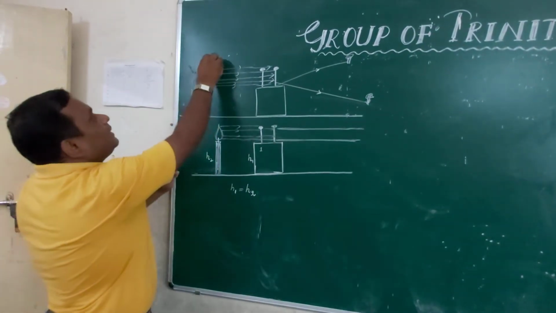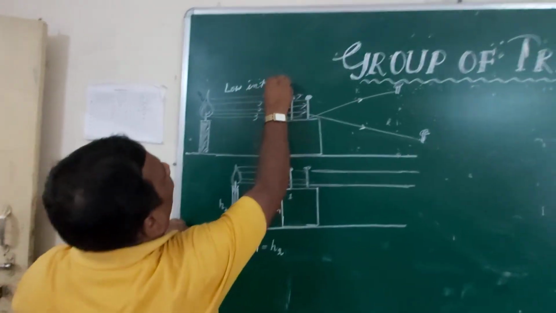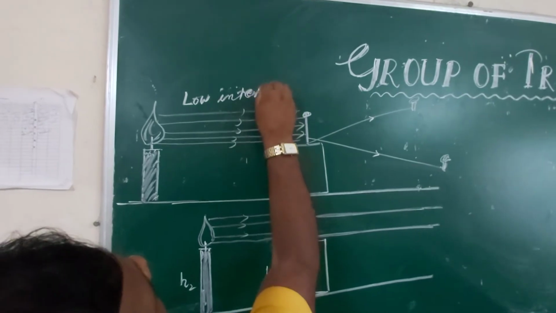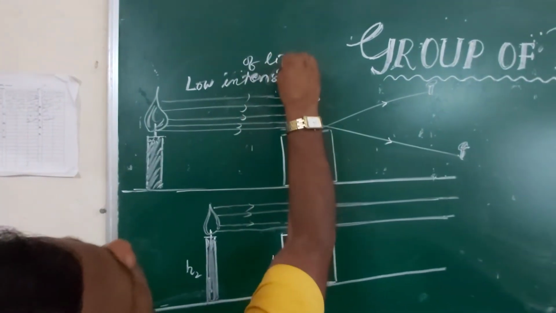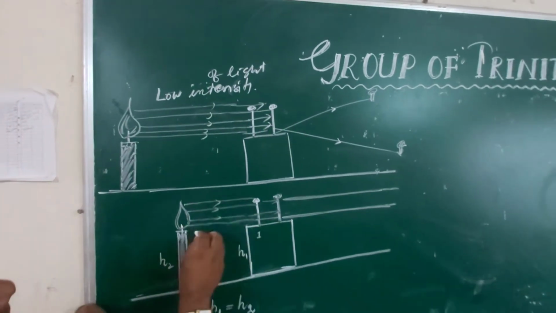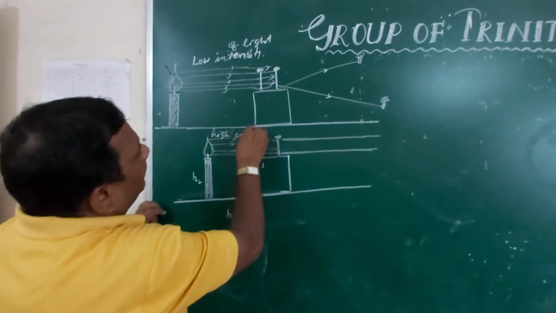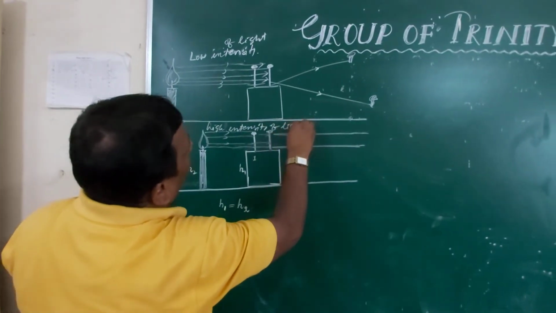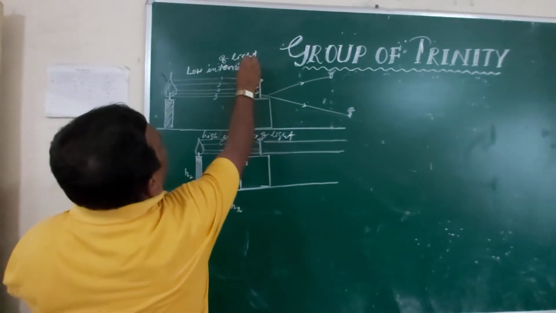I am writing here: low intensity of light. This is the high intensity of light. So this is the high intensity of the light, and this is the low intensity of the light.